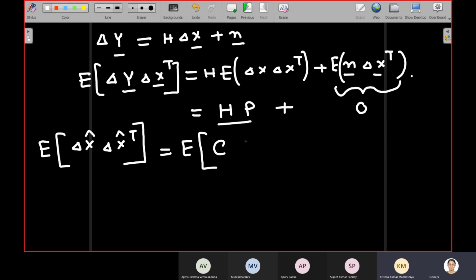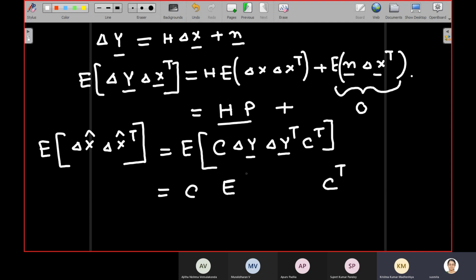Instead of writing the full expression, I am writing C. So this is C delta y and then delta y transpose C transpose. As I told you earlier, expectation operator does not operate on any constant term, so we will take C and C transpose outside, and here we have just delta y, delta y transpose.